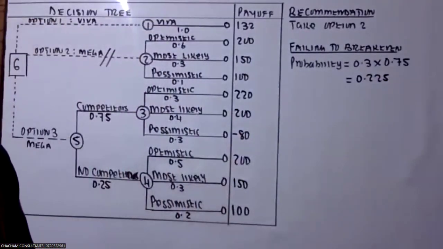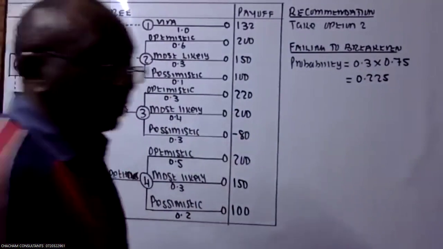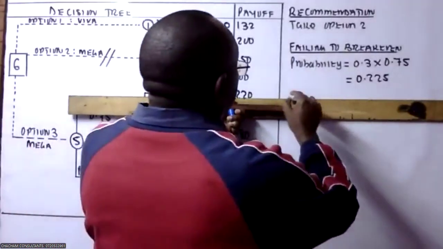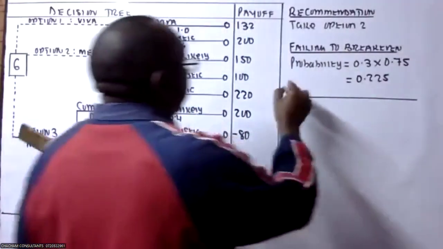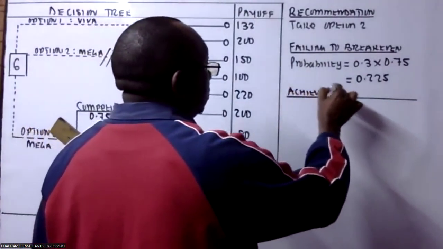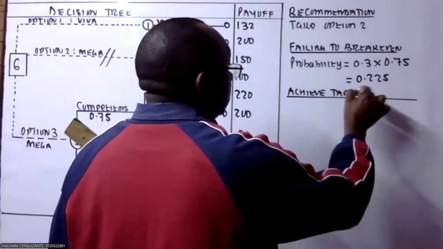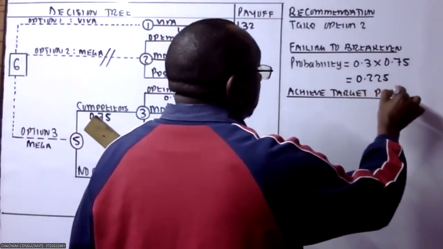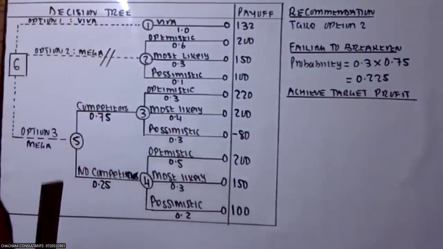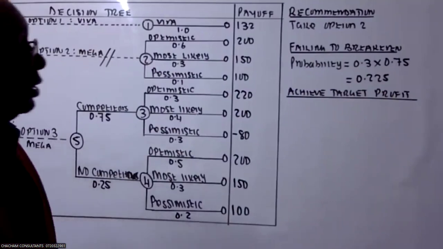Higher. Probability that the company will at least achieve the target profit. Achieve target profit.